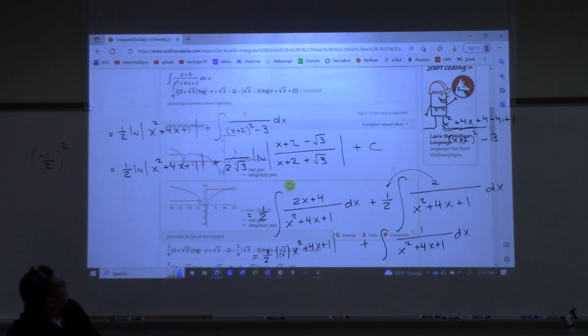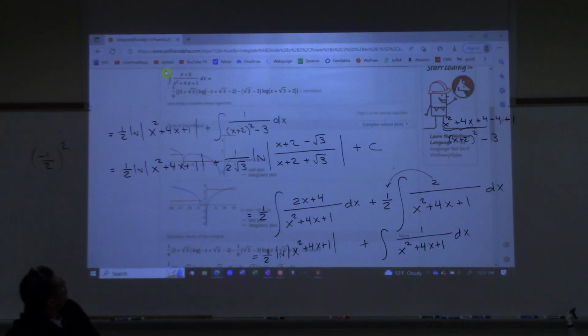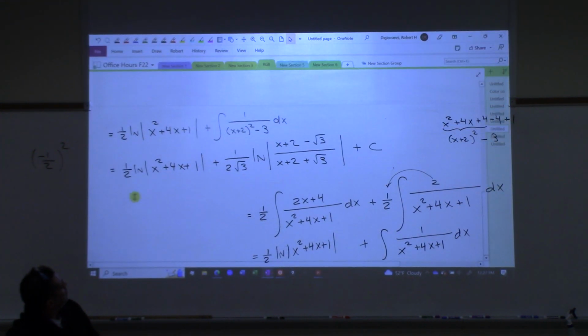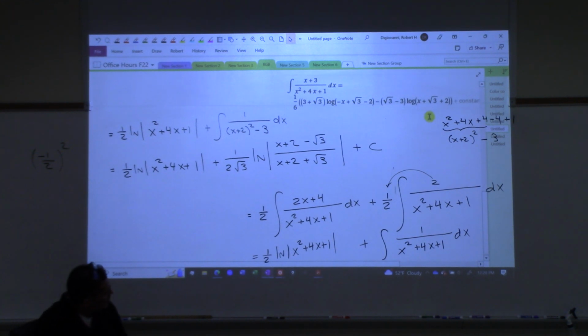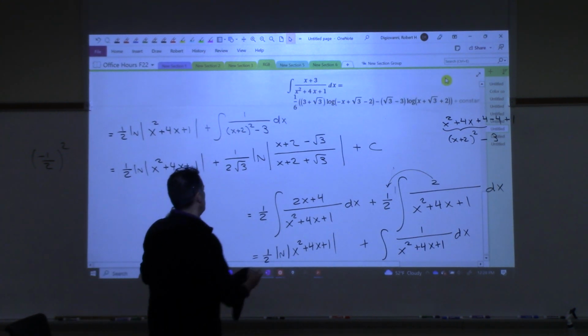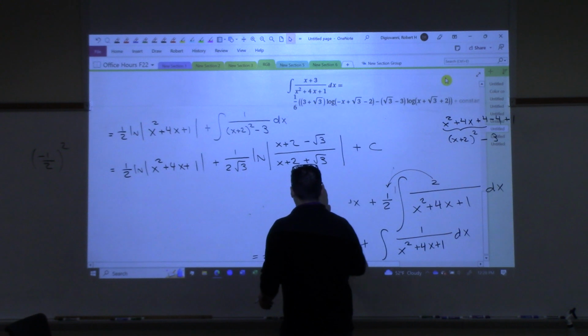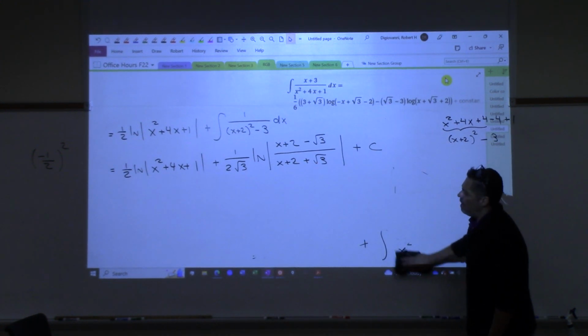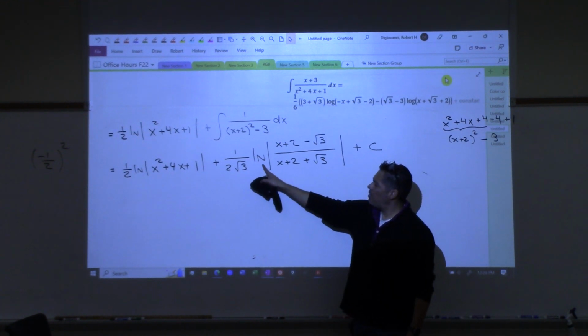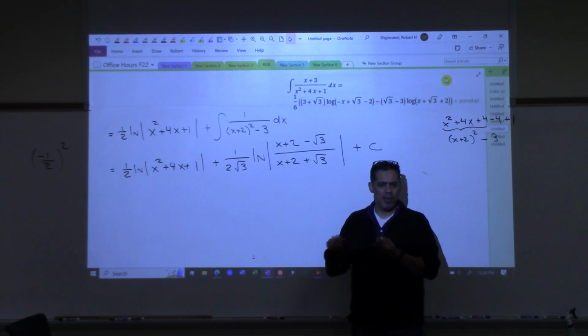But here's kind of what's happening here. They're using a lot of different properties, but one property that I can point out is that when you have a log with division, you can split that into two logs with subtraction.